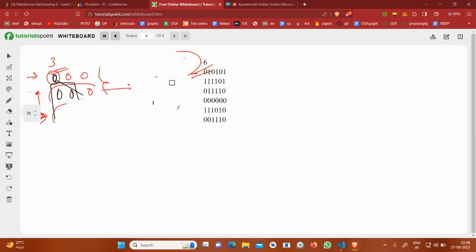This is a very large test case, and this test case would be enough to explain my approach.